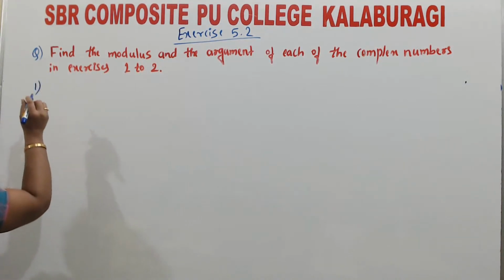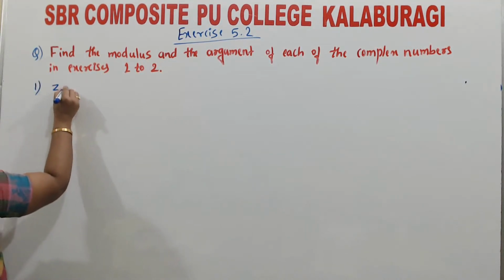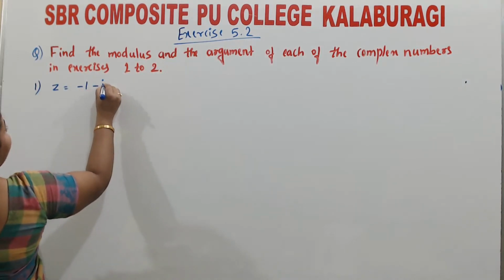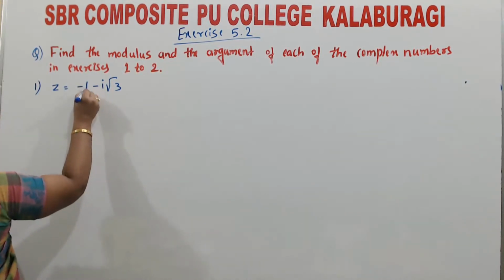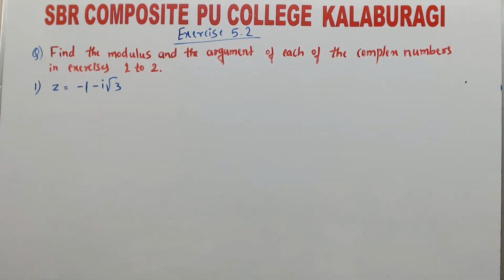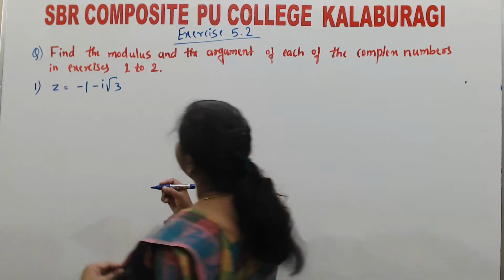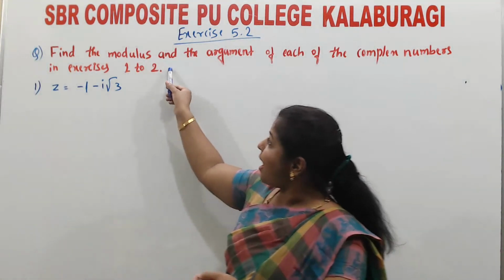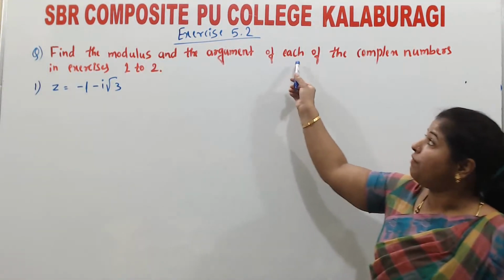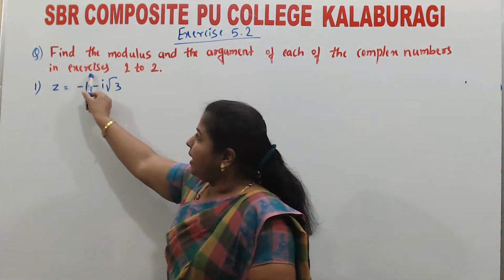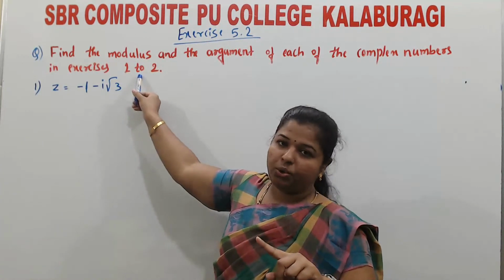First one, given complex number is z is equal to -1 minus i root 3. What is our given question? Find the modulus and the argument of each of the complex numbers in exercises 1 to 2, right?